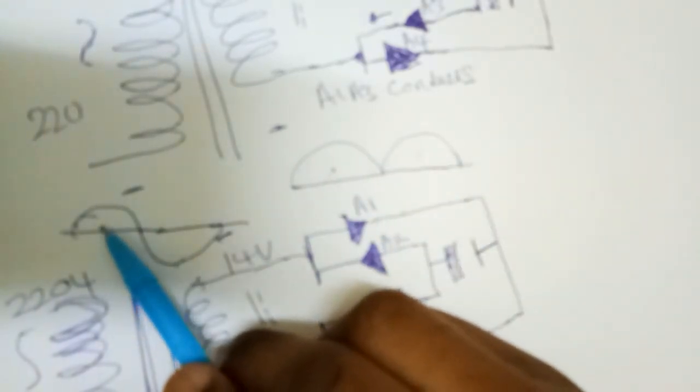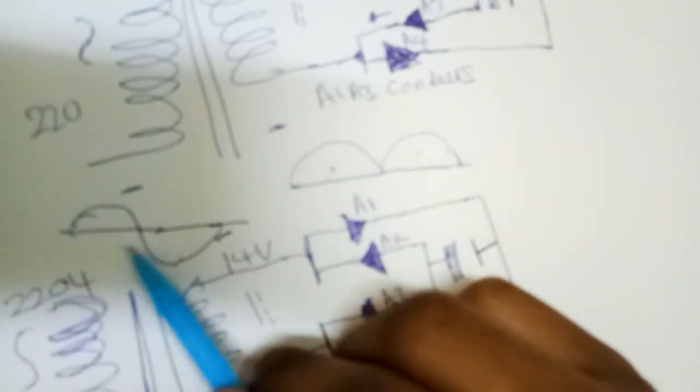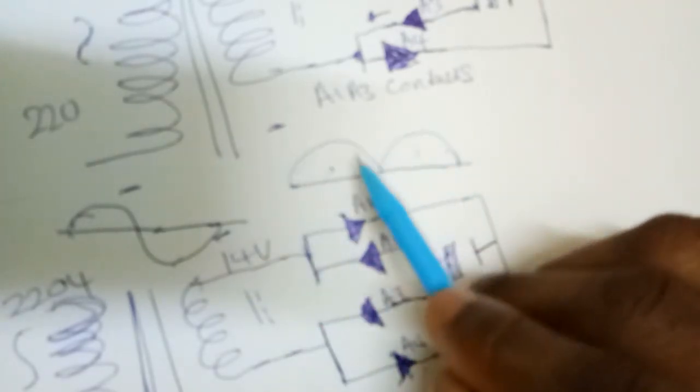This is AC signal, this is DC signal. This diode converts this signal into this signal. You get the 2 signals, but in half wave rectification you get only one, thereby losing the other signal, which means loss of power.